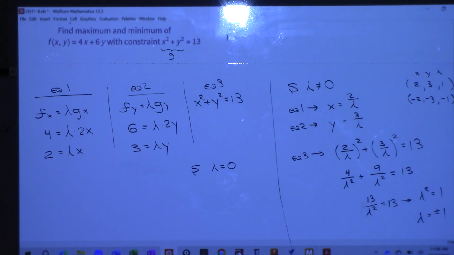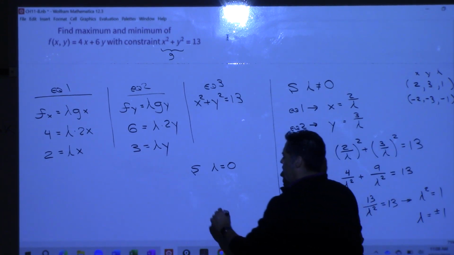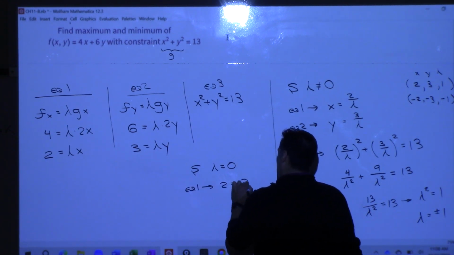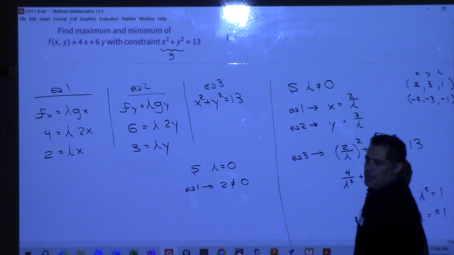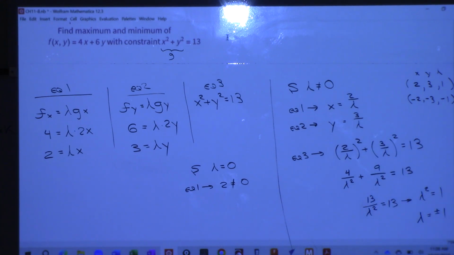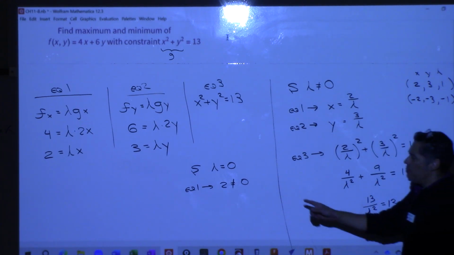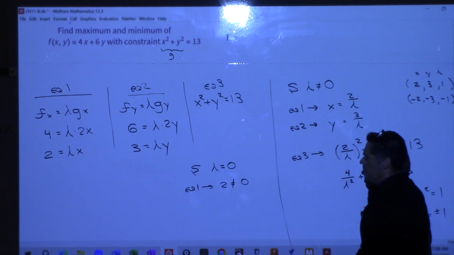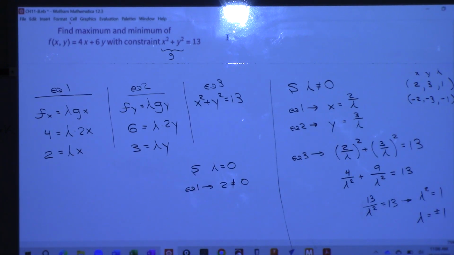You'll see the problem? Look at your equation 1. Equation 1 would mean 2 equals 0, which is not true. So lambda can't be 0. So I don't need to look any further, right? If lambda is 0, then 2 is 0. That's not right. It's not true. So have we considered everything? I think we're good, right?